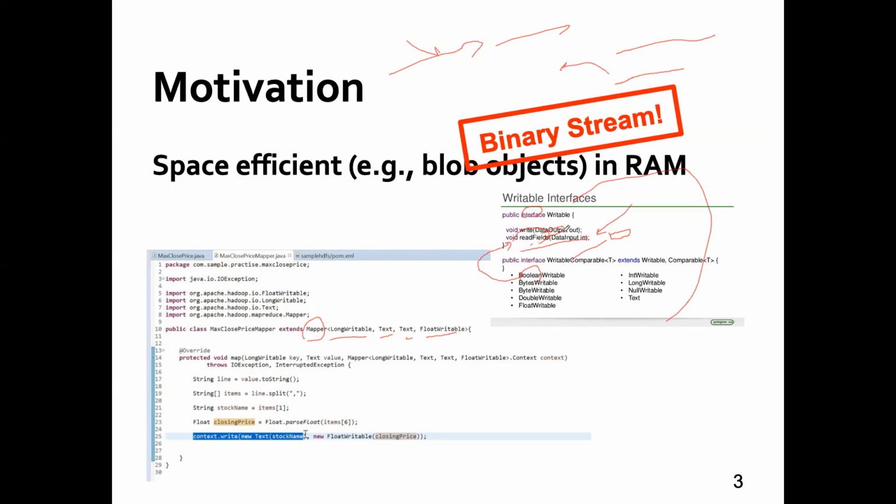Bool is 1 byte, by the way. You need to inherit this writable interface. With that interface wrapper, this is called a Boolean writable, integer writable. String writable is actually called Text in Hadoop. So these should all be writable.